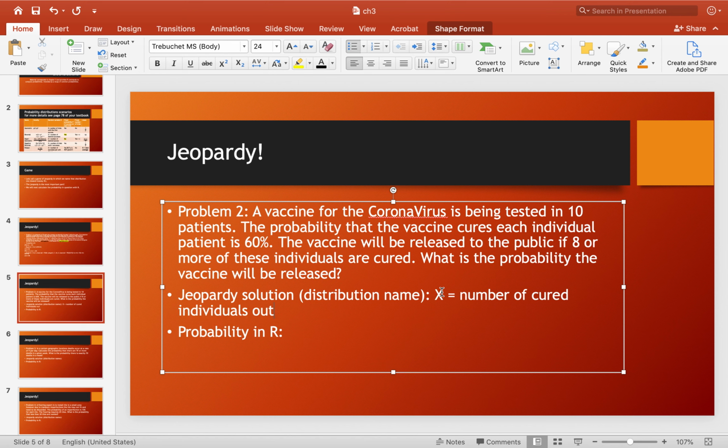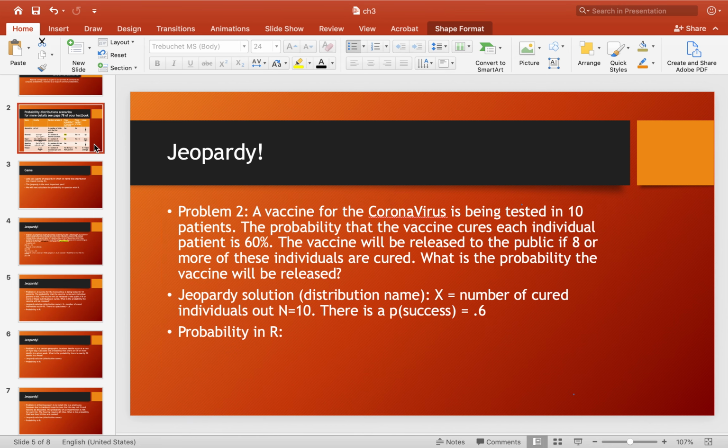And here, out of 10, the probability of success, which is the cure, for each individual is 0.6. So here we have a fixed probability. Each individual's cure does not depend on the other. So if I am cured, it doesn't mean you're cured. Independence, right? And that's big for the binomial distribution.